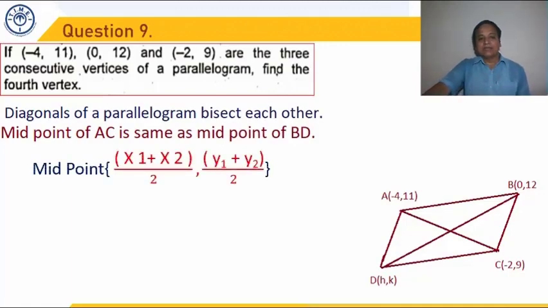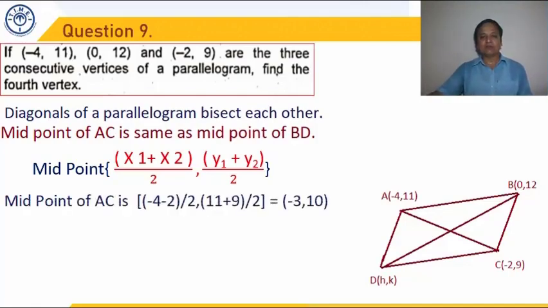Now the midpoint is (x1 plus x2) by 2, (y1 plus y2) by 2. So the midpoint of AC is (-4 minus 2) by 2 and (11 plus 9) by 2. -4 minus 2 is -6, -6 by 2 is -3. And 11 plus 9 is 20, 20 by 2 is 10.